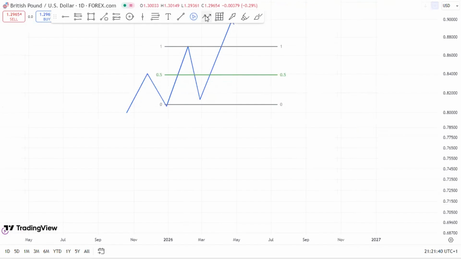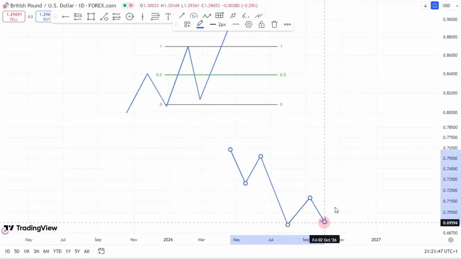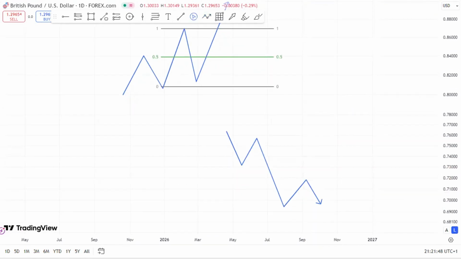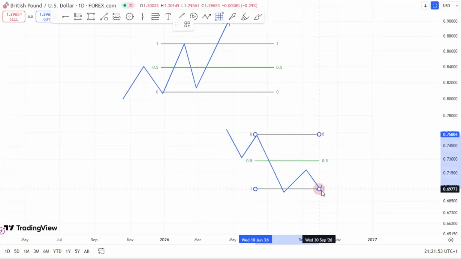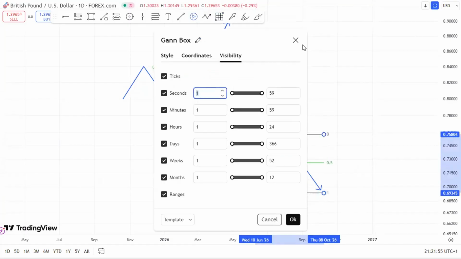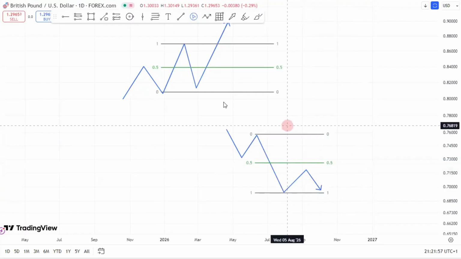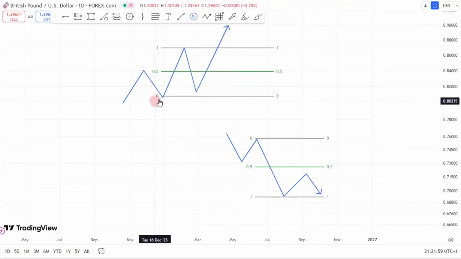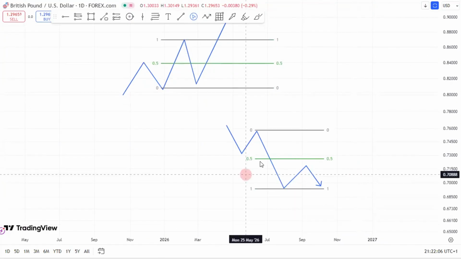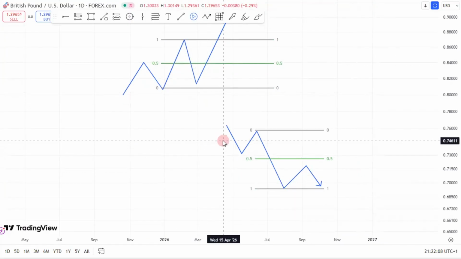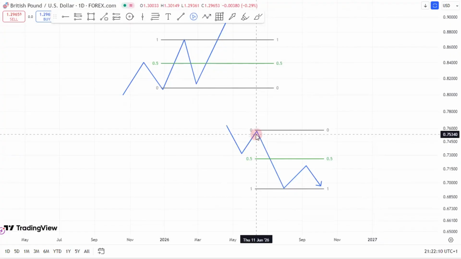If you are in a bearish situation like this, you measure from the high to the low. This is very, very important for you to understand. In a bullish market, take note, you are measuring from the low to the high because the market is buying. In a bearish situation where the market is forming lower highs and lower lows, you measure from the high to the low.